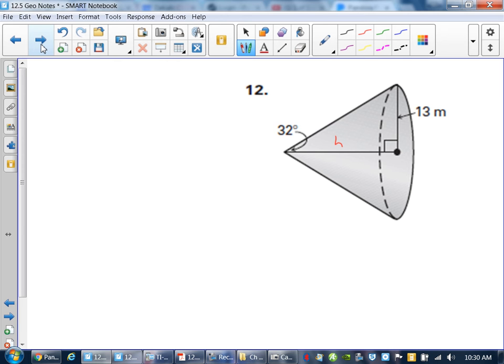So if I know that I have my angle here, my theta, 13 is my opposite, the height of this is my adjacent. What's my trig function? The tangent of 32 is 13 over h. And what do we do whenever our variable is in the bottom? Exchange-o, change-o.